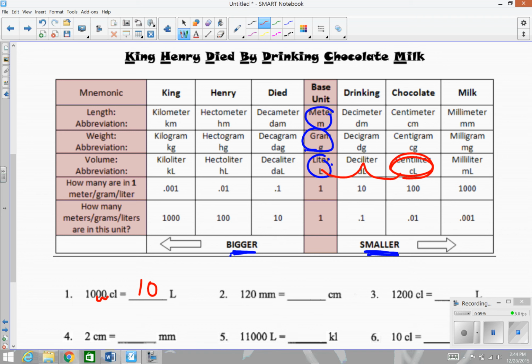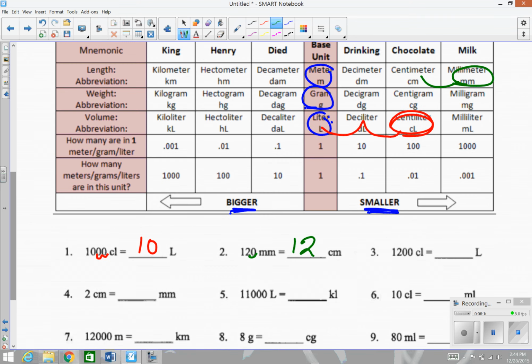For number 2, I have 120 millimeters. Millimeters is right here, and I'm converting to centimeters. So I'm just moving 1 space to the left. Move your decimal over and you get 12. See how I'm using that chart? Really, if you know your chart, it's a matter of moving decimals.